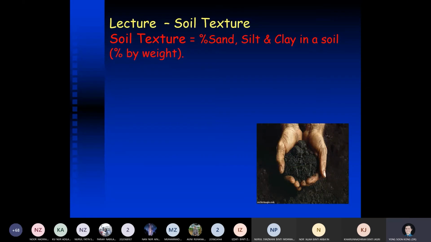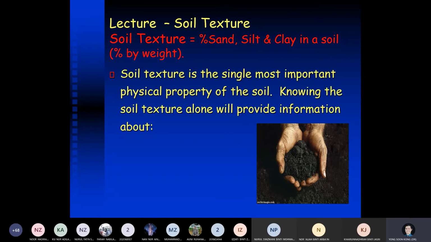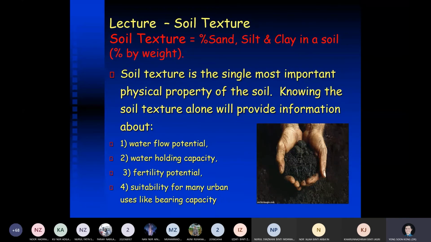So once again, the texture depends on the proportion, the weight percent, between sand, silt, and clay in soil. Why are they so important? Because from there, you know whether the soil has water flow potential, which is how much water can flow through.